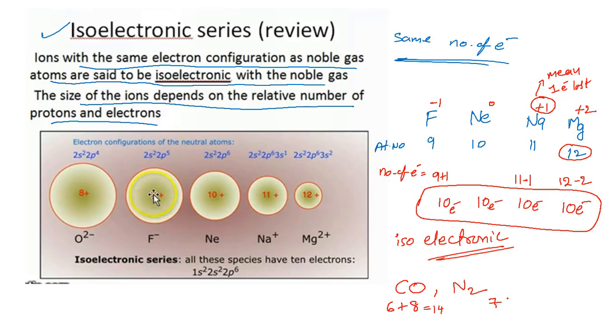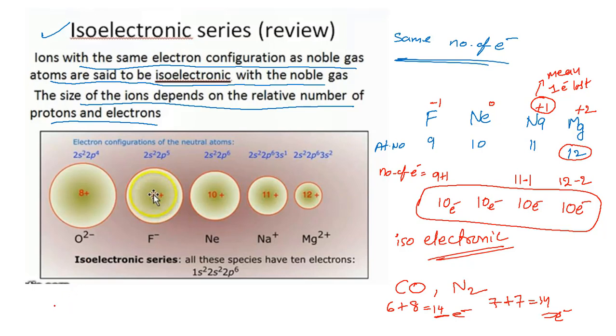N2, nitrogen 7, one more nitrogen 7, total 14 electrons. These both are isoelectronic species, isoelectronic compounds, isoelectronic molecules. Okay, isoelectronic, understood? Here one more point I will teach you.